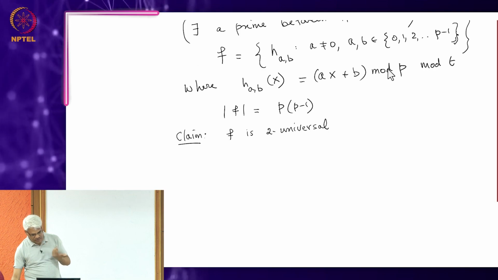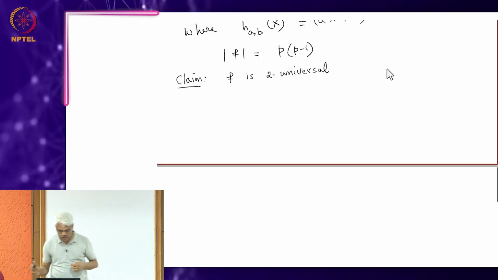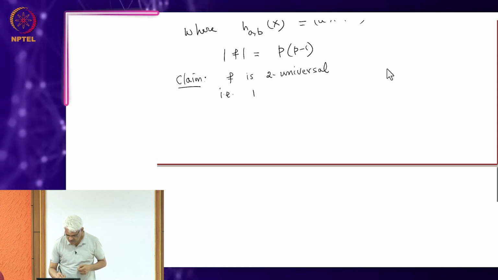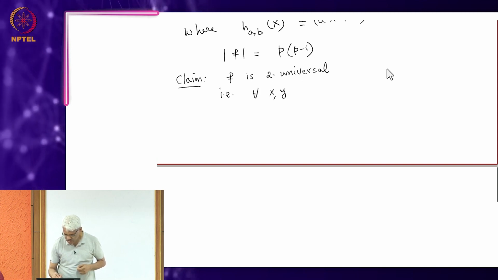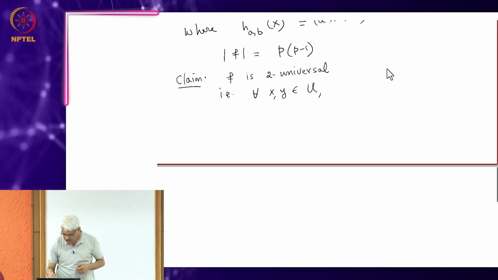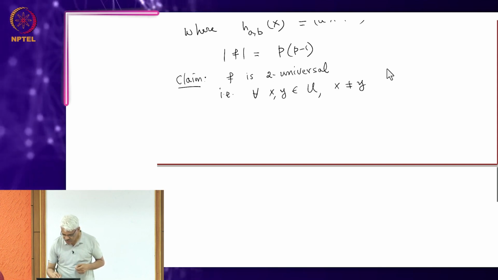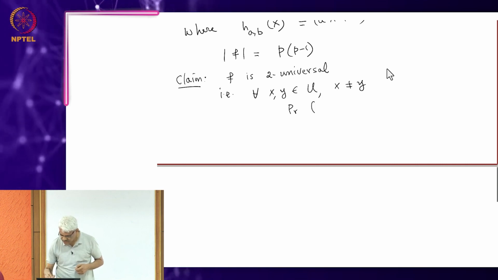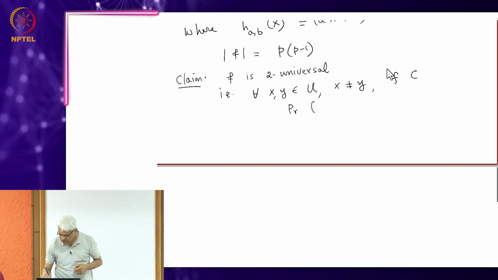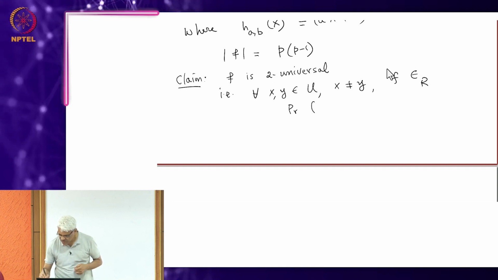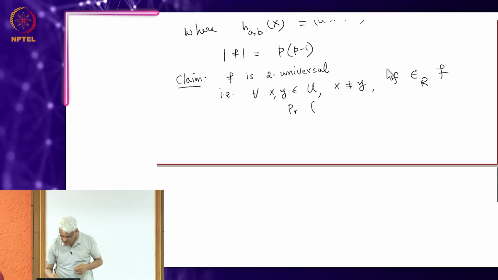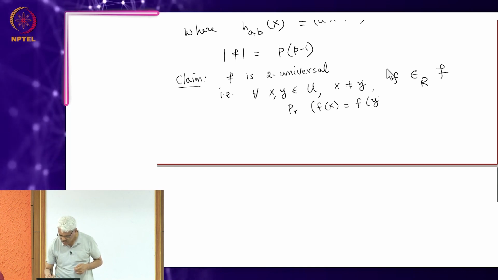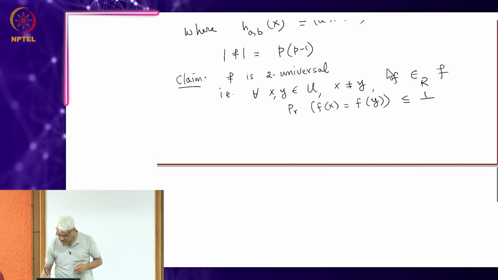And remember what that means, what do I have to show? I.e., for all x, y in the universe, x not equal to y, the probability that a random function, let us say f picked uniformly at random from this family, that f of x is equal to f of y is at most 1 over t.